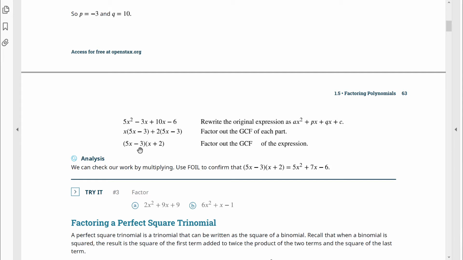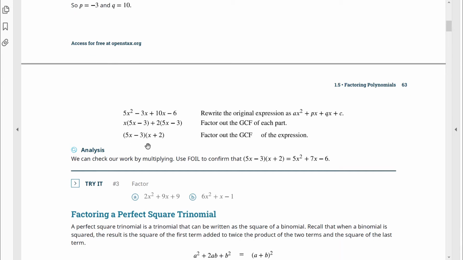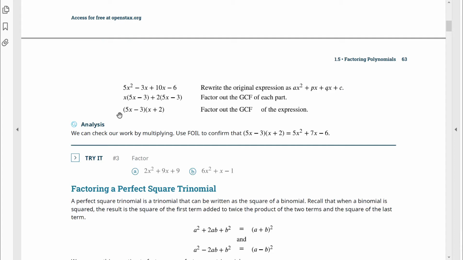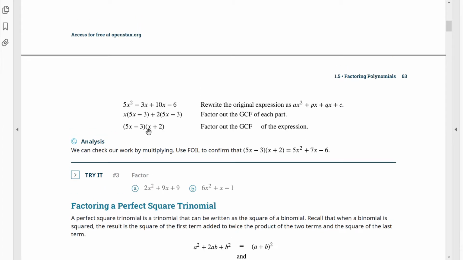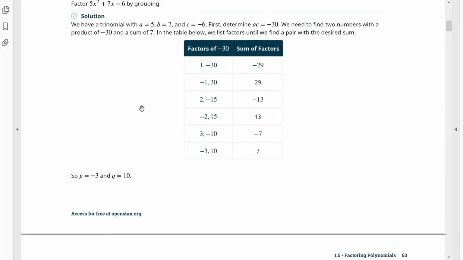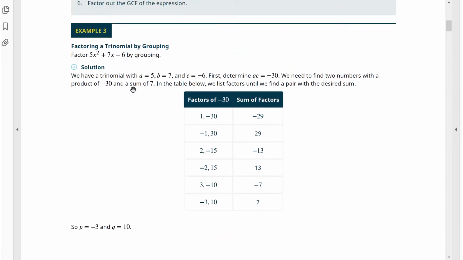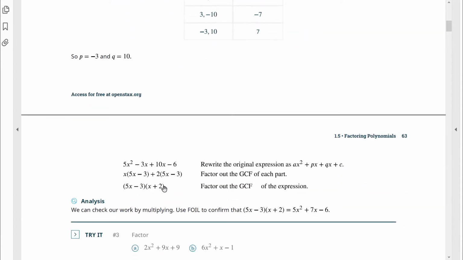Factor means writing as a product of polynomials, in this case binomials, for a second degree trinomial. Let's see why this works. Why this is equal to that. You know, you can use the following method that comes from a kind of FOIL method.